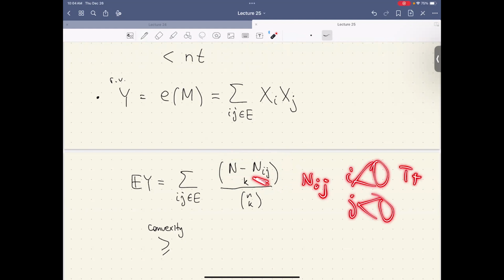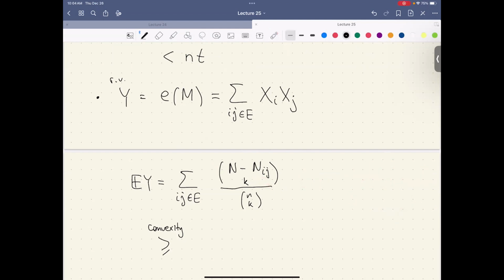Each one of them is at most t minus 1, capital T plus 1. But since we're summing over an edge, this is t minus 1 here, t minus 1 here. This is actually 2t. So there's no even complex convexity here. I don't even use convexity.